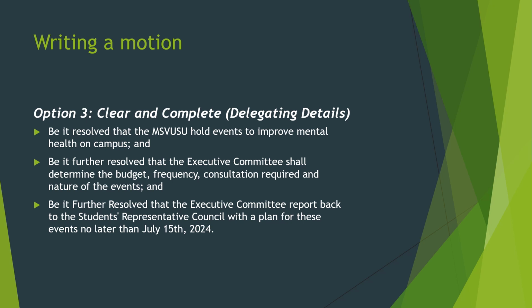For example, be it resolved that the MSVU-SU hold events to improve mental health on campus, and be it further resolved that the Executive Committee shall determine the budget, frequency, consultation required, and the nature of these events, and be it further resolved that the Executive Committee report back to the Students Representative Council with a plan for these events no later than July 15th, 2024.